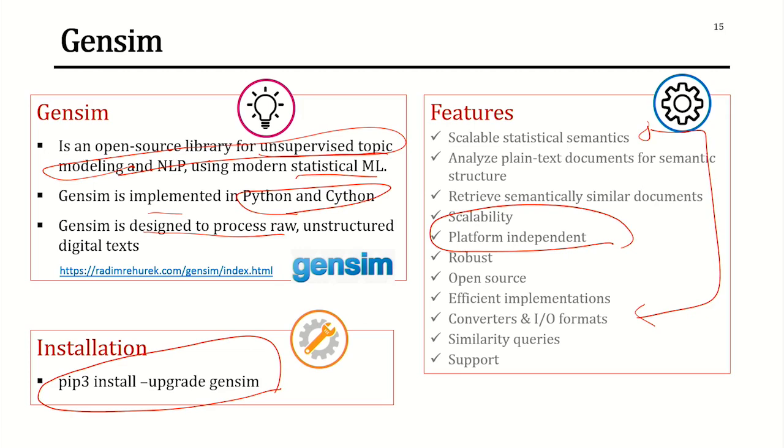It can be run on any platform, and once your application grows, you can scale it to larger equipment, for example CPU and GPU support. In addition, it's an open source library, which you don't have to pay for any purchase. And it also has similarity queries, which allow you to query for similar information online.